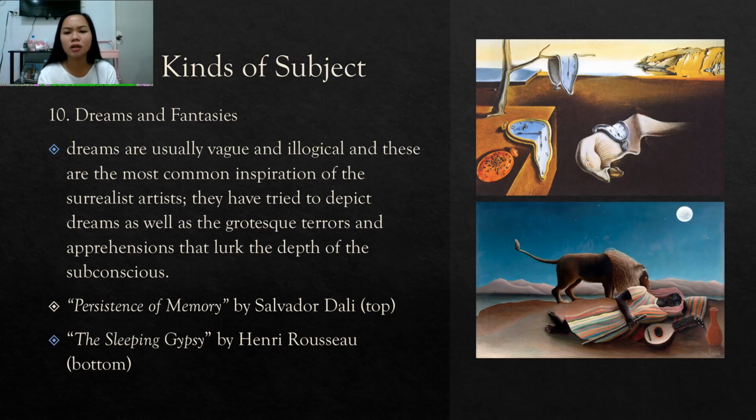So sa makita nato dire, dreams and fantasies, the subject could actually be abstract in a way na dili na to sila gets good. Like for example, kani, although this represents time or watch, but in an unconventional way, no? Parang something weird, something that only happens in our dreams or something that we imagine. So, ing ani ang example of dreams and fantasies.